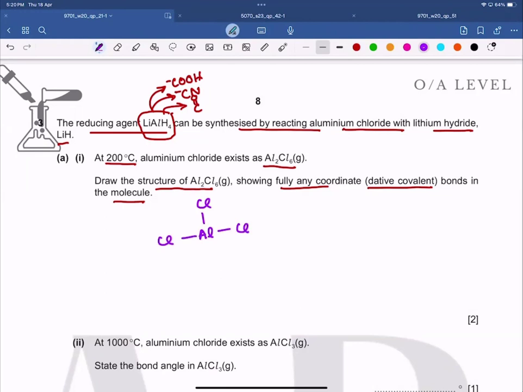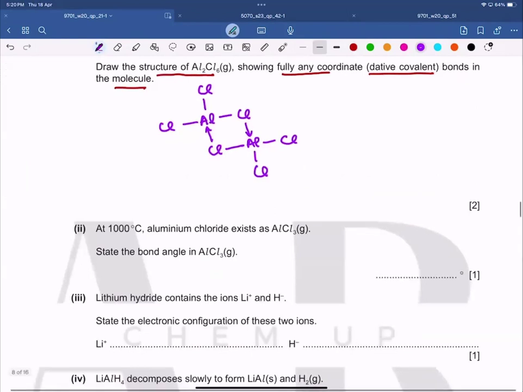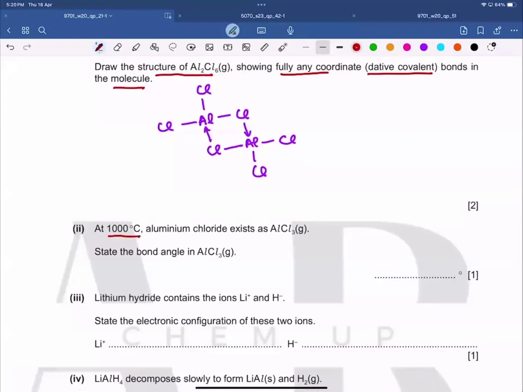Then you will make another molecule by keeping the chlorine of that molecule facing the aluminium, like this. And then from chlorine, you will show a lone pair, or okay, the lone pair is not necessary. You will make an arrowhead like this to show the dative bond. So you have to do only this thing over here. Is this clear?